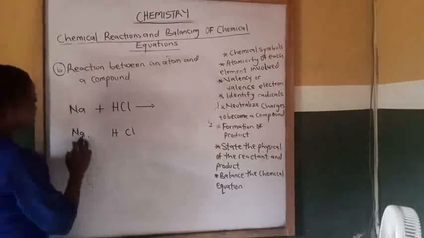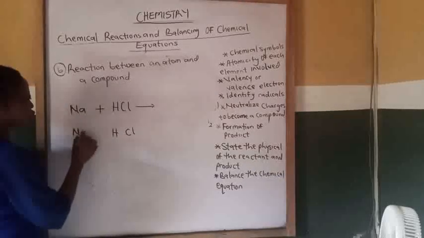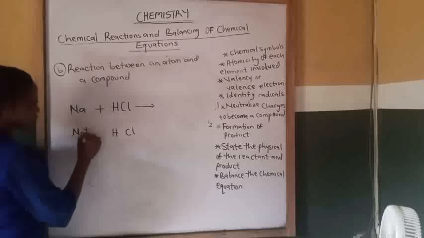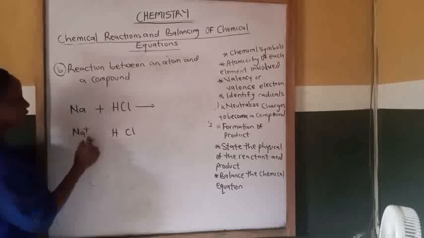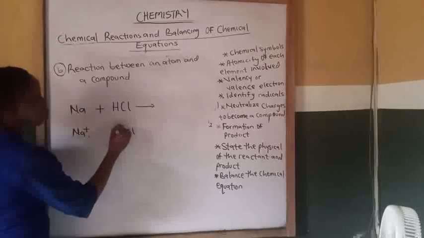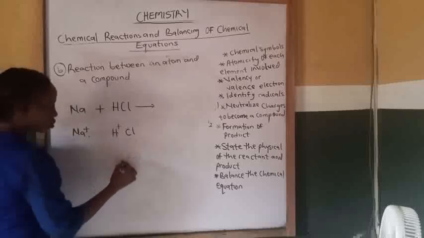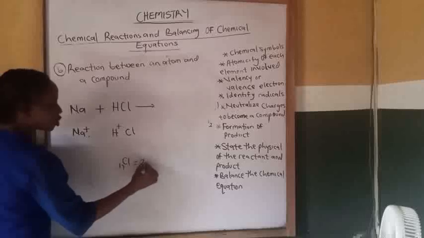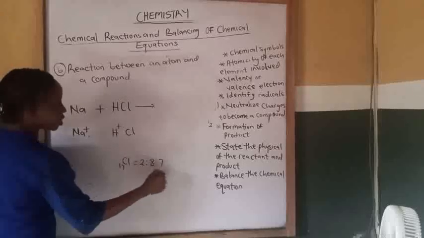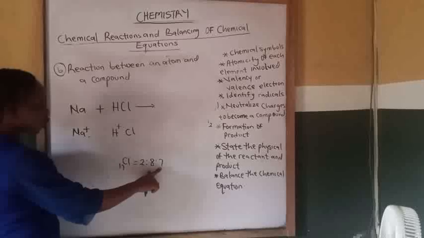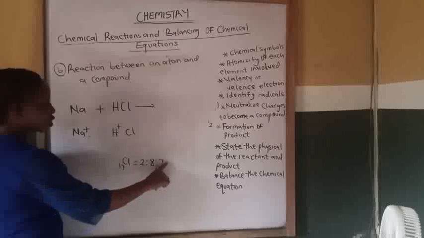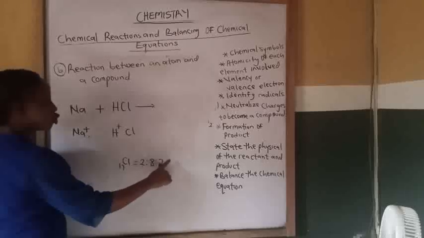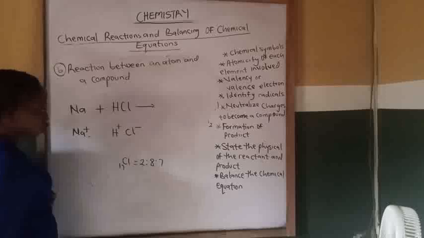Then assign their charges. What's the charge on sodium? That's plus 1, because it is in number 11. So that's 2, 8, 1. So the valence electron is 1. The charge on hydrogen is plus 1. The charge on chlorine is minus, because chlorine is in number 17. So the first shell carries 2, the second carries 8, while the last one carries 7. So if the last electronic shell carries 7, it needs one more to balance. So the charge on it will be minus 1.